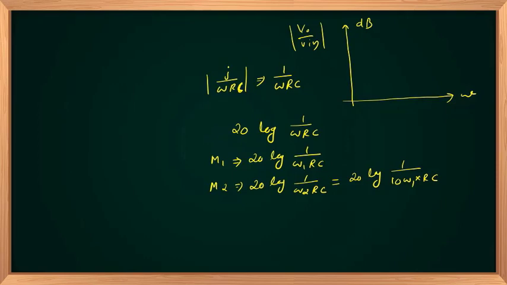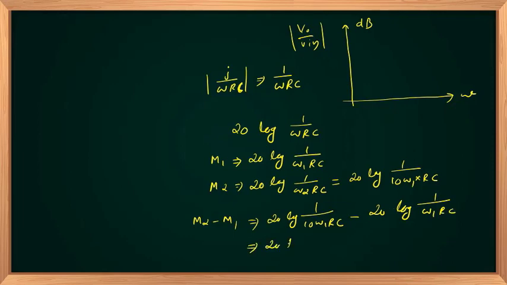If I take the difference between M2 and M1, that will become 20 log 1 over 10 omega 1 RC minus 20 log 1 over omega 1 RC. So that will become 20 log of omega 1 RC in the numerator divided by 10 omega 1 RC.